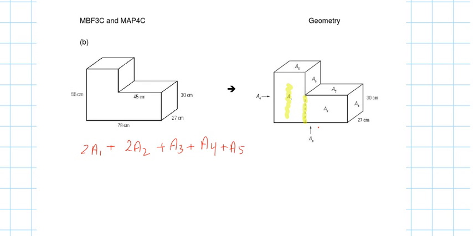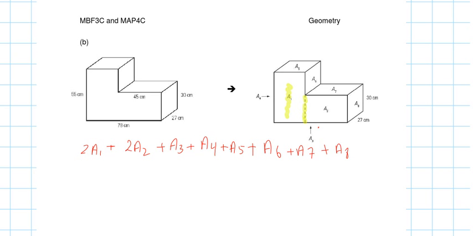How many A6 do I have? How many A7 do I have? And how many A8 do I have? So let's look at how many faces do I have altogether. I have 1, 2, 3, 4, 5, 6, 7, 8, 9, 10, right? Did I count them right? If I count this, I have 10. So I counted all of them.